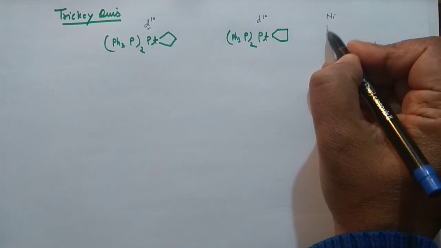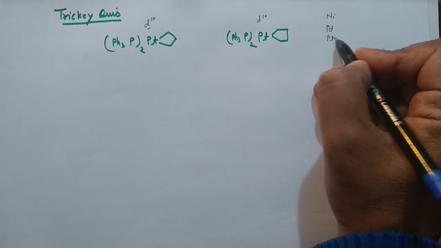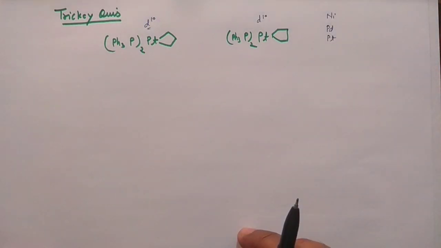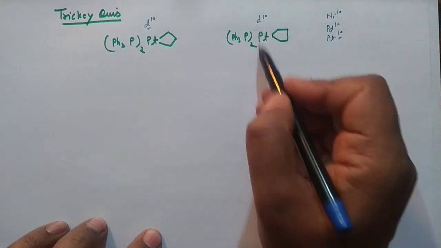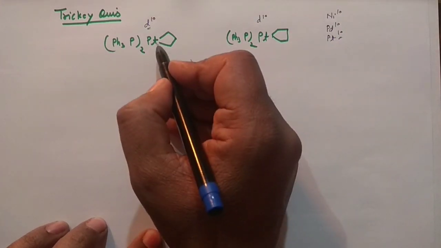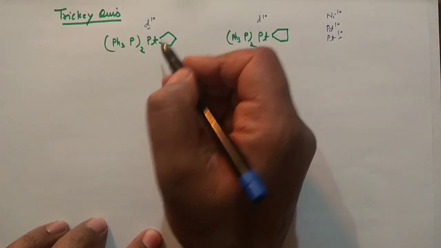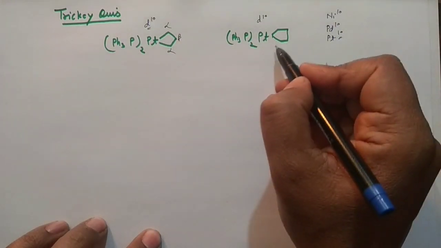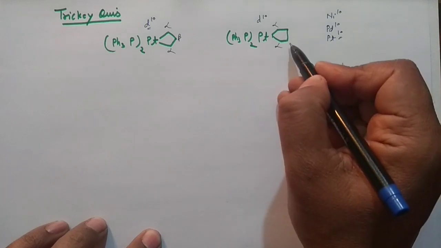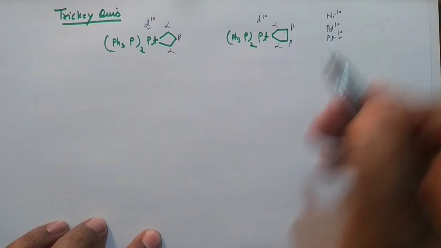Ni, Pd, Pt is my trick which I have made to learn these transition metal complexes. In case you haven't seen that trick, you can type in the search bar mnemonics by Tetrahedron Chemistry Classes and you will find it. So they contribute 10 electrons, so they are d10 systems. Say this is platinum, and in that case you can see this is the alpha carbon, this is your beta carbon, this is your alpha carbon. Similarly, this is alpha, this is alpha, this is beta, this is beta.